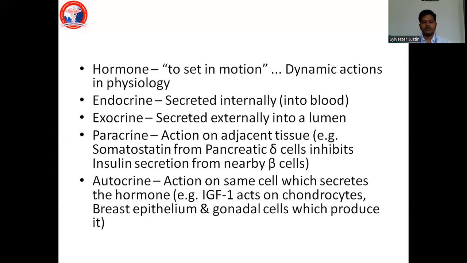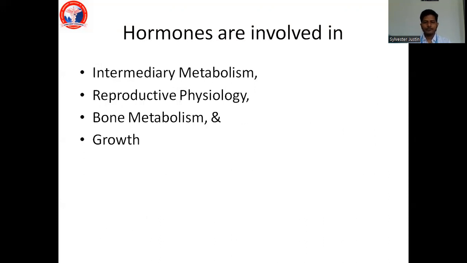For example, insulin like growth factor 1 acts on chondrocytes, breast epithelium, and gonadal cells, all of which produce it also. Hormones are involved in intermediary metabolism, reproductive physiology, bone metabolism, and growth. So all important functions for life, hormones are involved in.